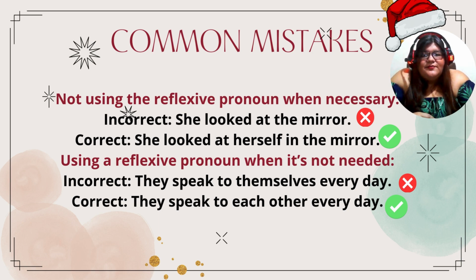Not using the reflexive pronoun when necessary. Be careful and pay attention to those details. It's incorrect to say "she looked at the mirror." Why? Because it needs a reflexive pronoun. The correct form is "she looked at herself in the mirror."